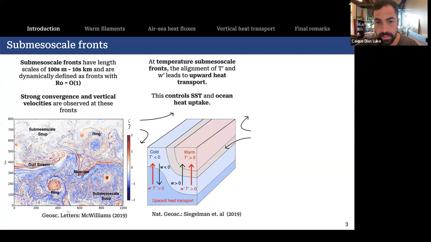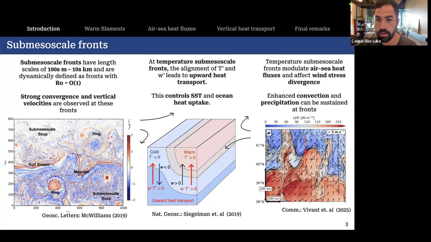Besides the importance for vertical exchanges, temperature fronts also influence air-sea interactions. Lucy gave a talk 2 weeks ago here on the Southern Ocean, which was really interesting. These maps here are from the same simulation that Lucy showed, but for the Kuroshio Extension. On the contours, we have the isotherms, and in the color, we have latent heat fluxes.